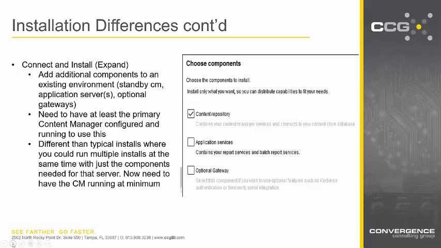Now it's slightly different, because when I come in here and I want to do the connect and install, it lets me select the different components that I want on this next server that I'm expanding with.